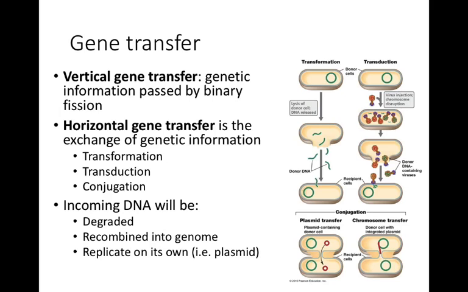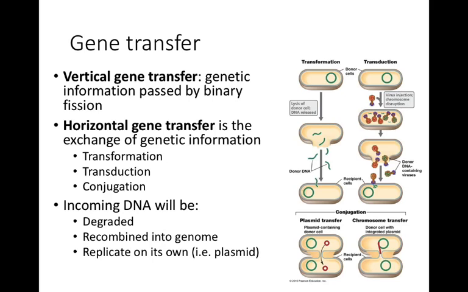In other words, if the genetic information coming in is not homologous, or does not look at all like the host chromosome, then the recombination or this transformation will not be successful. So there has to be some homology.